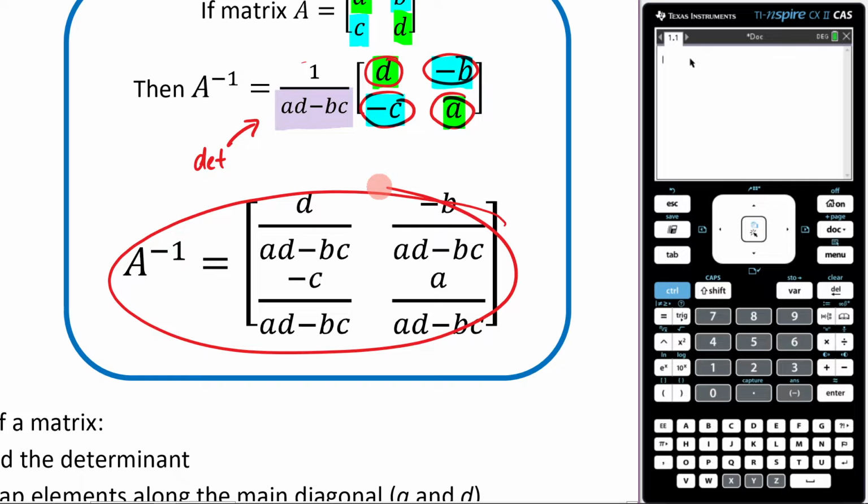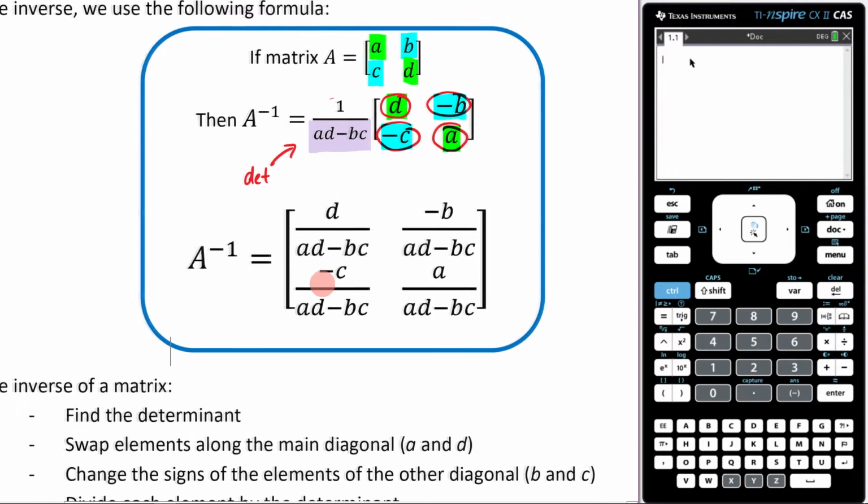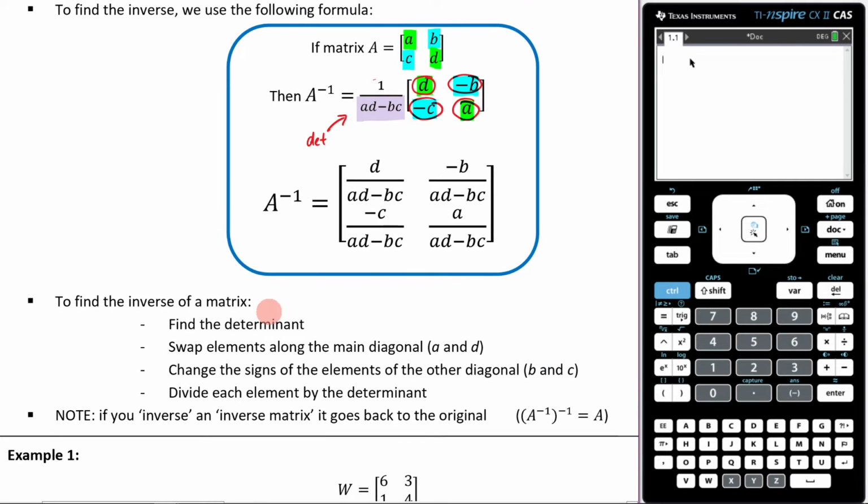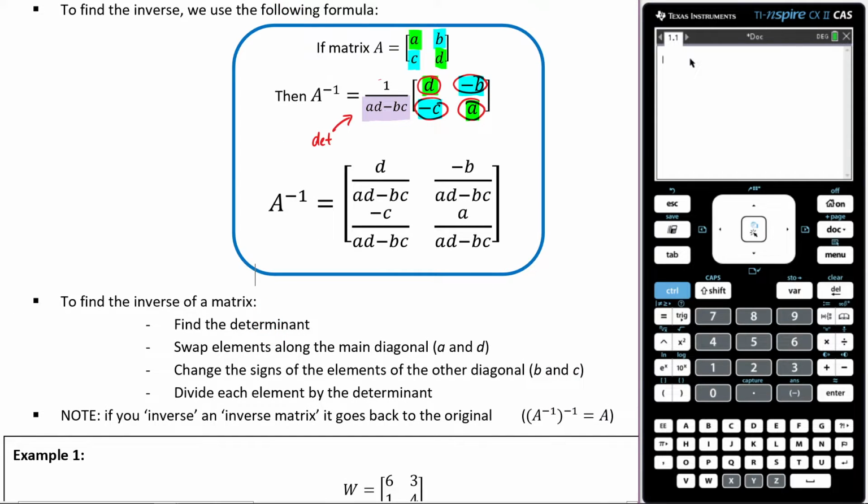So those are the steps that you need to follow to get the inverse. Now let's read this here. Let's zoom out of it. This is kind of just formalizing what we've just spoken about. So to find the inverse of a matrix, find the determinant, because you need that, don't you? Swap the elements along the main diagonal, A and D. Swap these two. Change the signs of the elements of the other diagonal, B and C. So make both of these negatives as we have there.